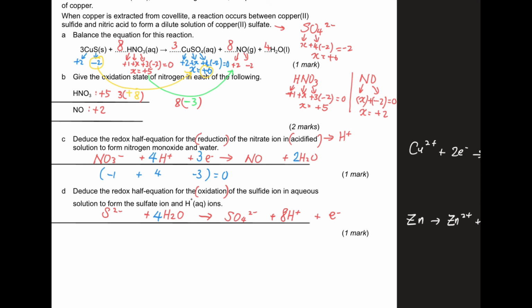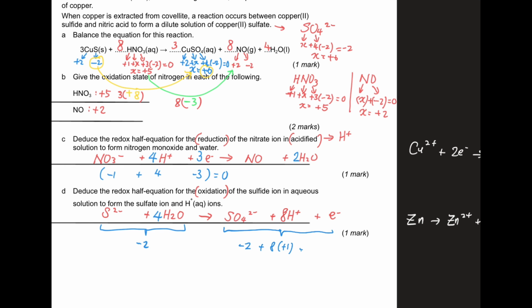Then after that, we consider the charge. On the left hand side, we can easily see that the charge is -2. Sulfide contributes to this charge. Water has no contribution on charge. And then on the right, sulfate -2, hydrogen plus 8.